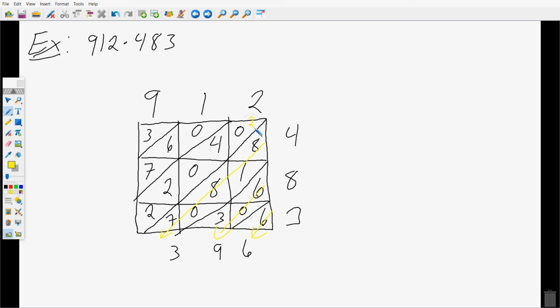Now I have the 2 which I carried, plus 0, plus 4, plus 0, plus 2, plus 2. And that's going to give me 10, so I'll put a 0 here, and I will have to carry the 1 to the next diagonal. In the next diagonal, I have the 1 which I just carried, plus 0, plus 6, plus 7.